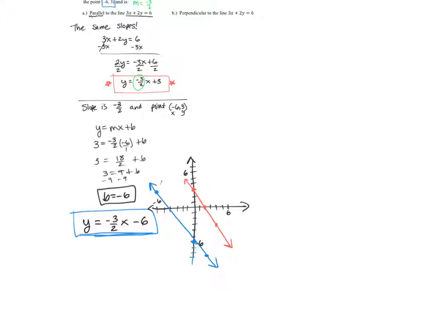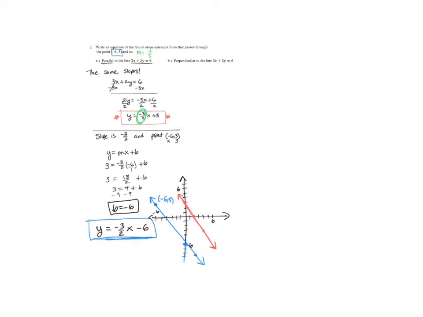So there's that point of negative 6, 3. Okay, so notice this original line, you don't need anything from it except the slope. That's the critical information, because we want our lines to be parallel in that particular problem.